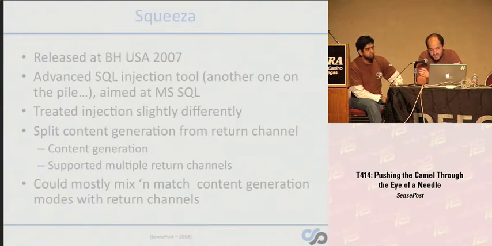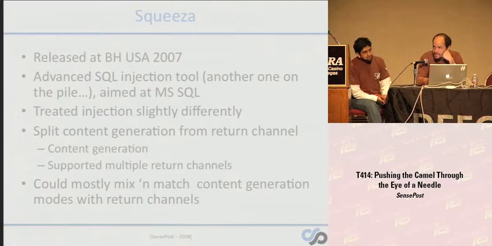Last year at Black Hat, we released the tool Squeezer, and it was just another advanced SQL injection tool aimed at MS SQL. And if you know the space, you know that pretty much every guy who plays with this stuff has written his own tool. So there's a lot of tools out there. We figured we'd pump ours one more year, and we'll drop it after this.